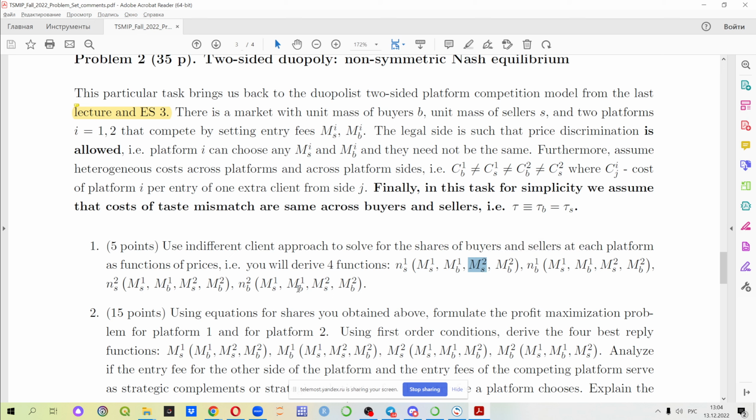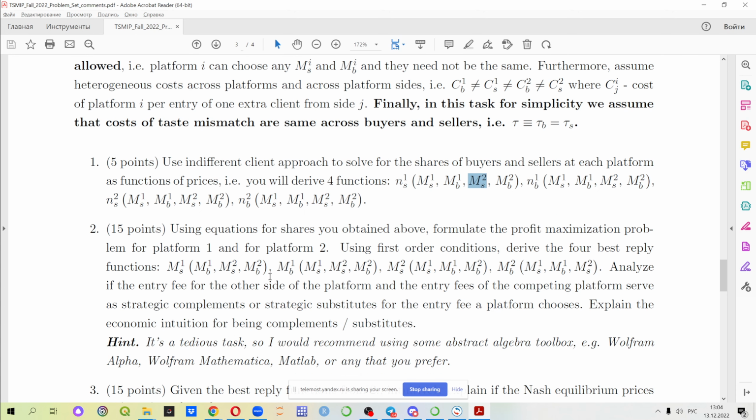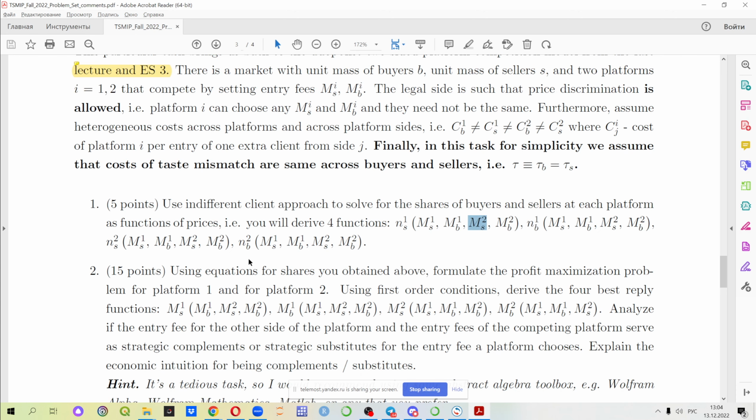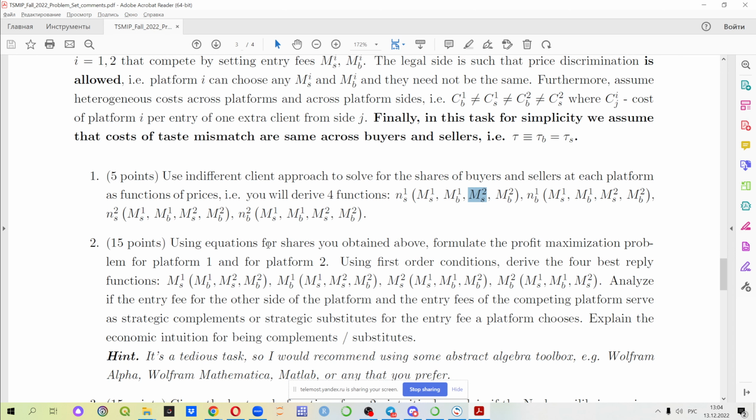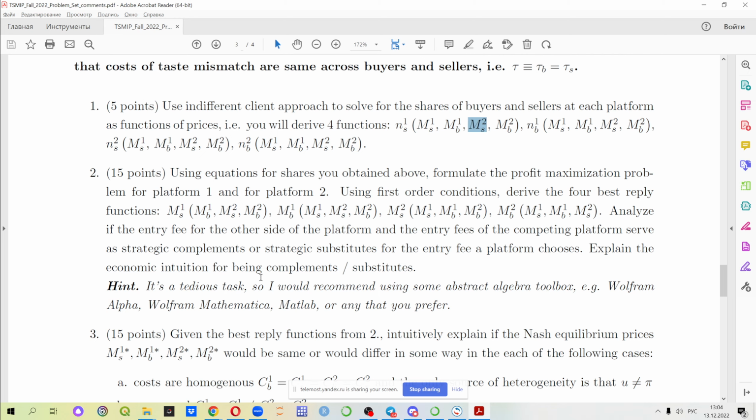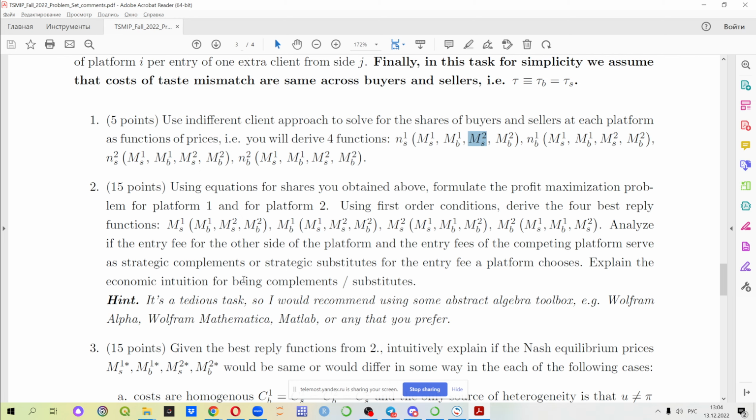Now you will have 4 equations to work with. You want to find the optimal prices? Yes, for prices it will be 4 equations. For number, I guess 4 as well. Oh my god. It's just math, just some pages of math.